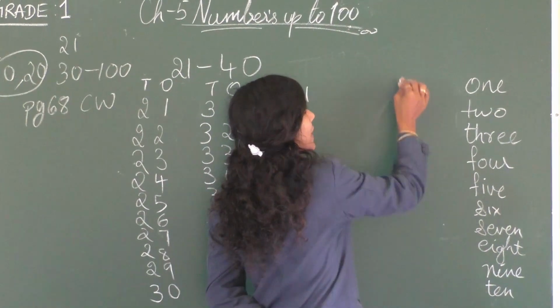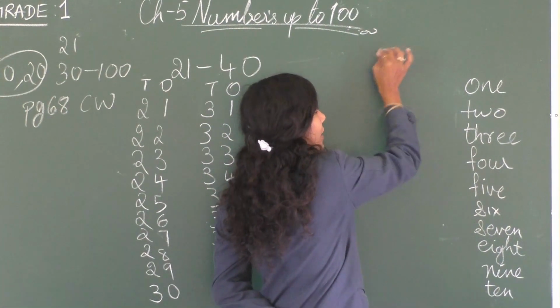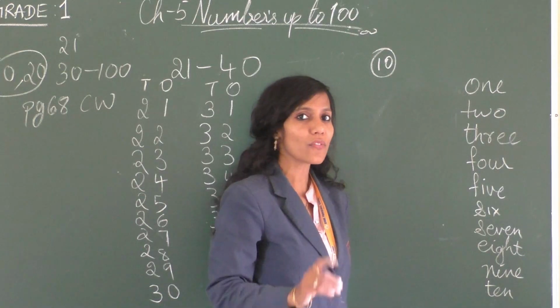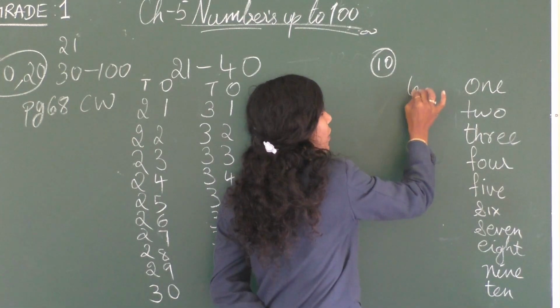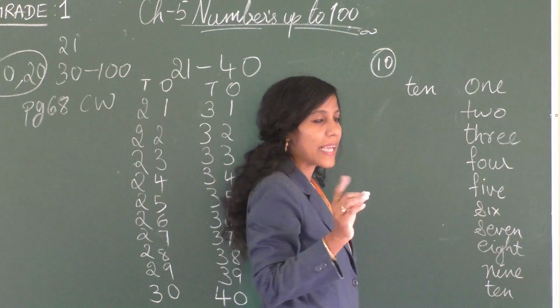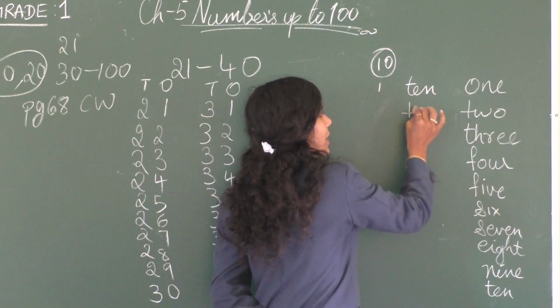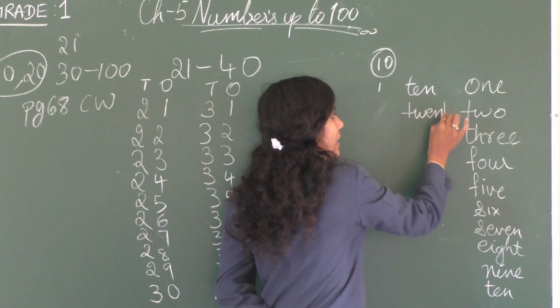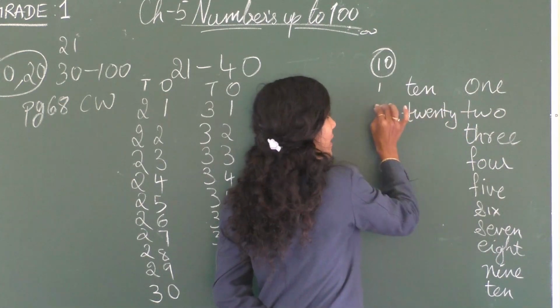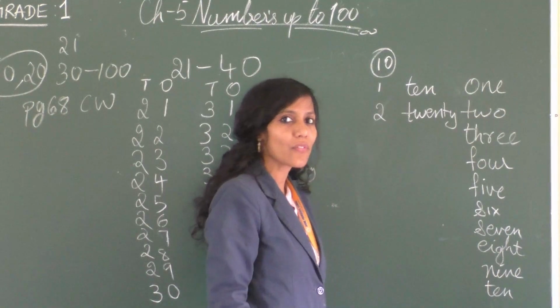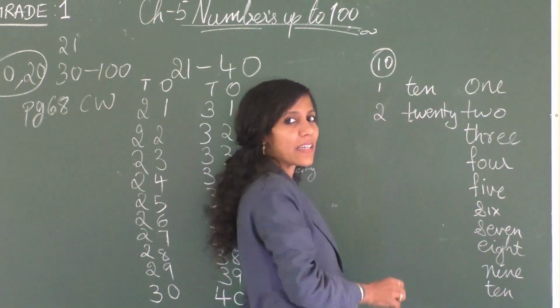Here we are starting with bundles of 10. That is first 10, that is 1 bundle of 10. Next TWENTY, 20, 2 bundles of 10.